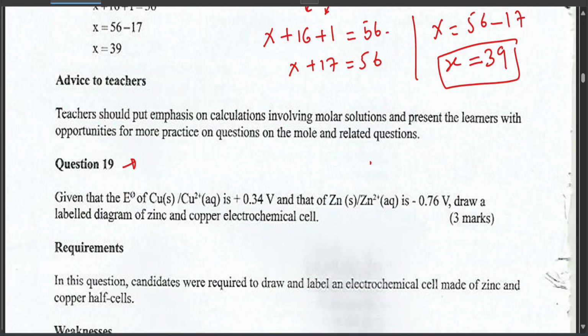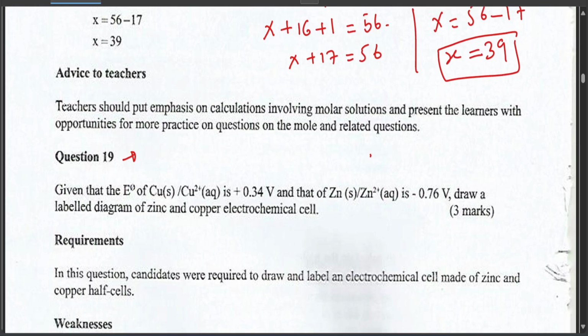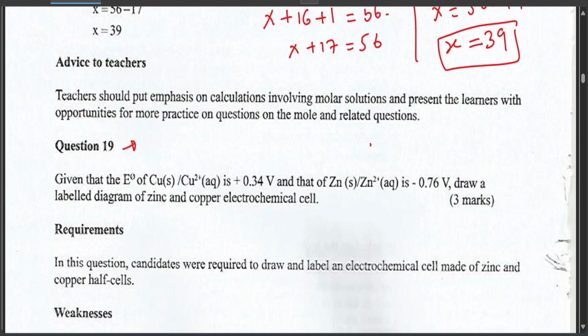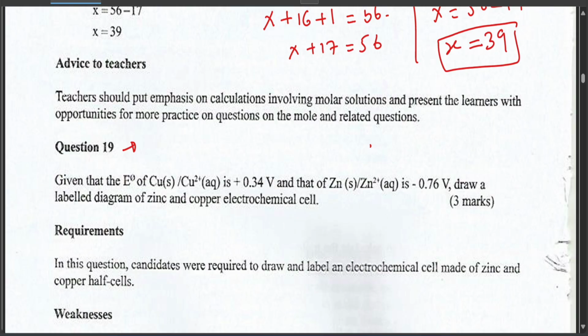Now students, instead of drawing that, drew one that resembles electrolysis. So they drew batteries or cells where they were supposed to draw a voltmeter, and they failed to draw a voltmeter. They failed to draw a salt bridge, which they were supposed to do as well.